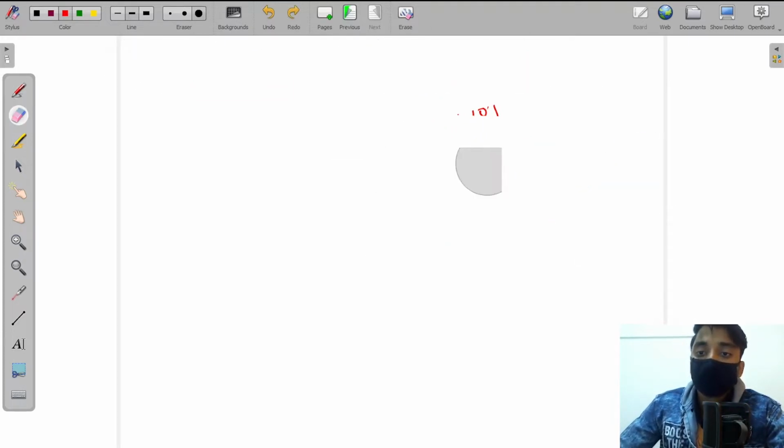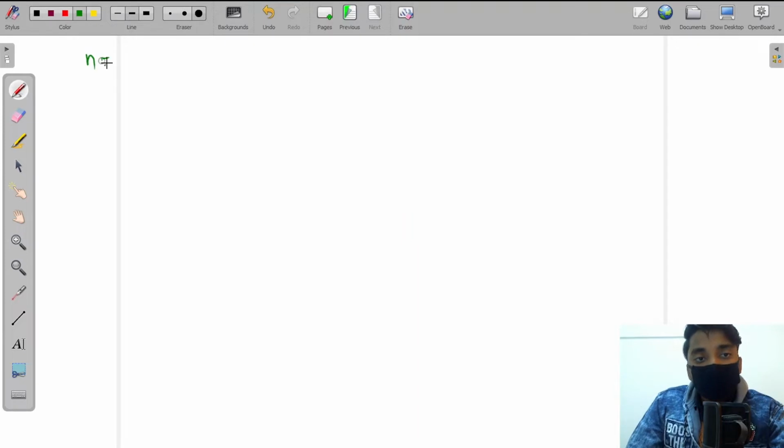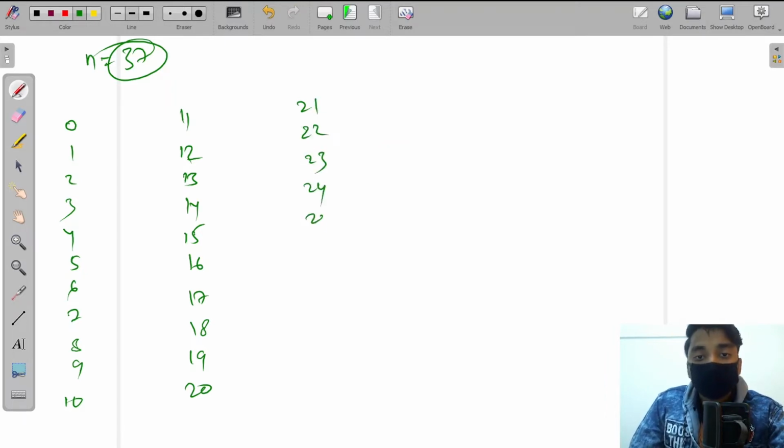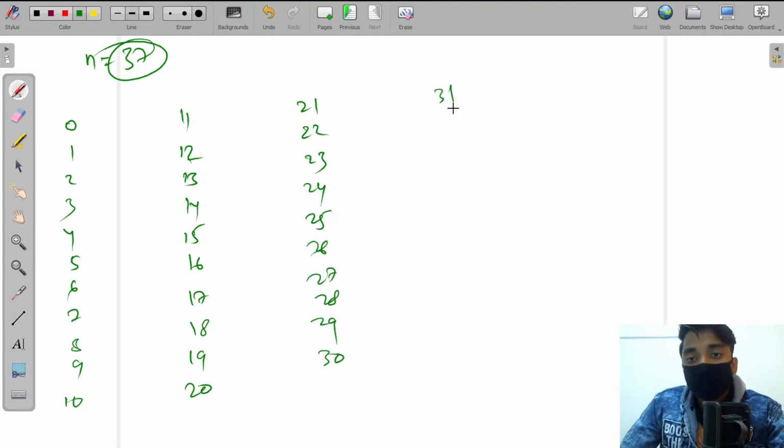Now we have a range, n is equal to 37. Let's write the boolean array: 0, 1, 2, 3, 4, 5, 6, 7, 8, 9, 10, then 11, 12, 13, 14, 15, 16, 17, 18, 19 and 20, then 21, 22, 23, 24, 25, 26, 27, 28, 29 and 30, 31, 32, 33, 34, 35, 36 and 37.